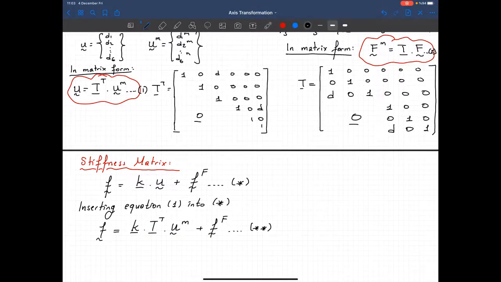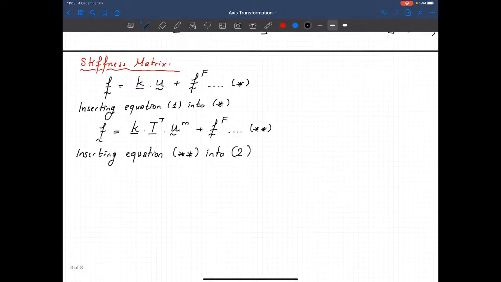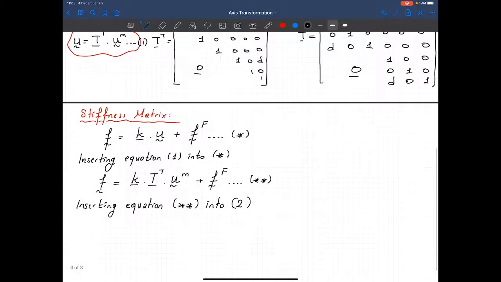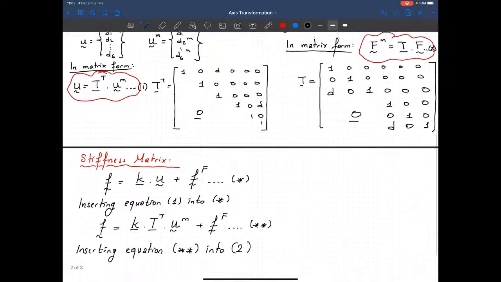So inserting equation double star into 2, I have the following relationship.